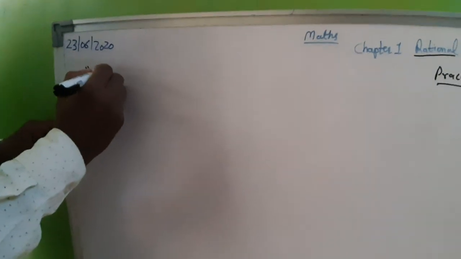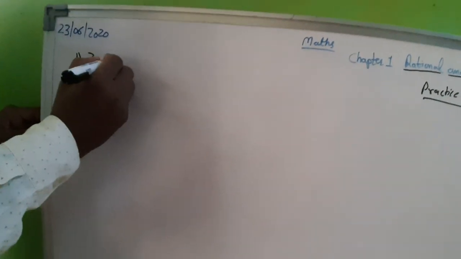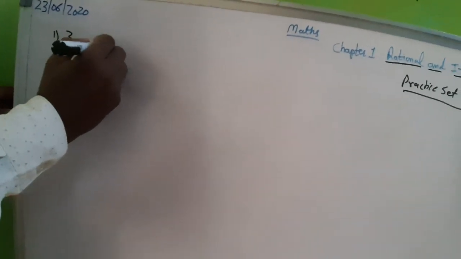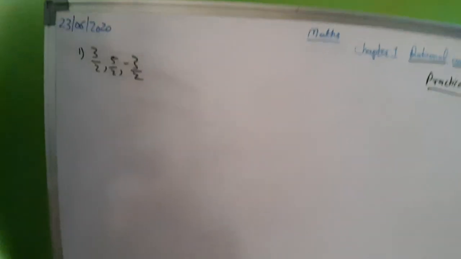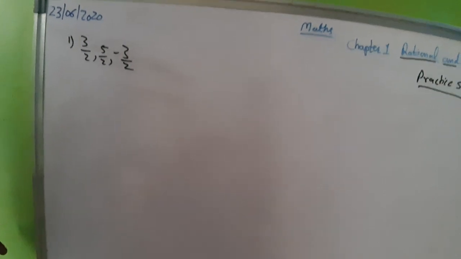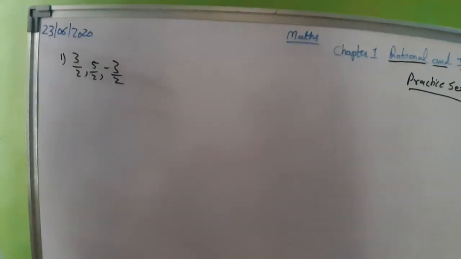Now the first example is there: 3 upon 2, 5 upon 2, minus 3 upon 2. You have to plot them on a number line. Children, you know how to draw a number line.